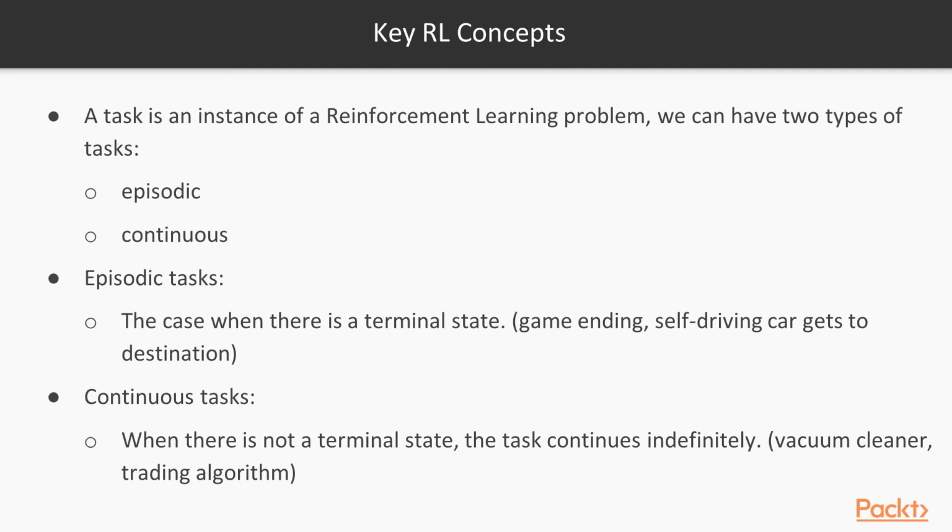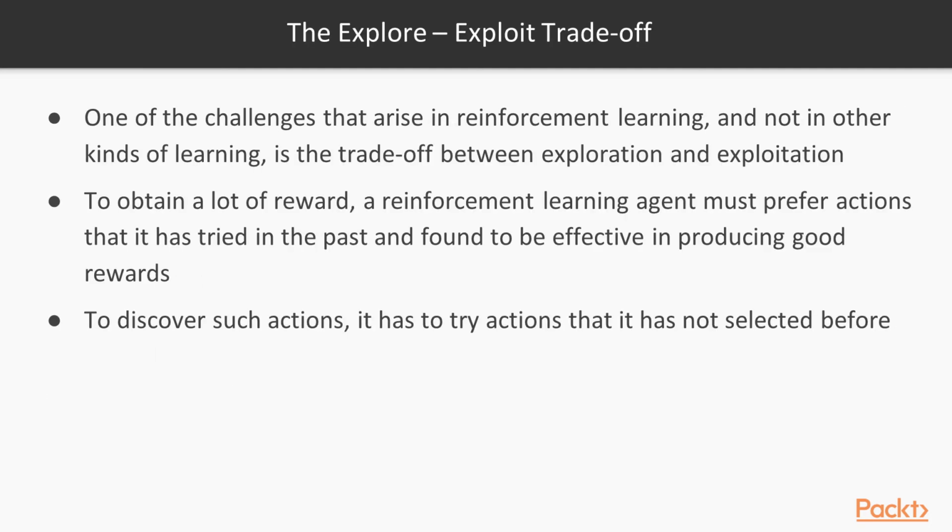Well, that's another example of an episodic task. So the system has a terminal state. Now, a continuous task, on the other hand, is when there is not a terminal state and the task continues indefinitely, like a vacuum cleaner, for example, or a trading algorithm, or any other system where we don't have a definite end.